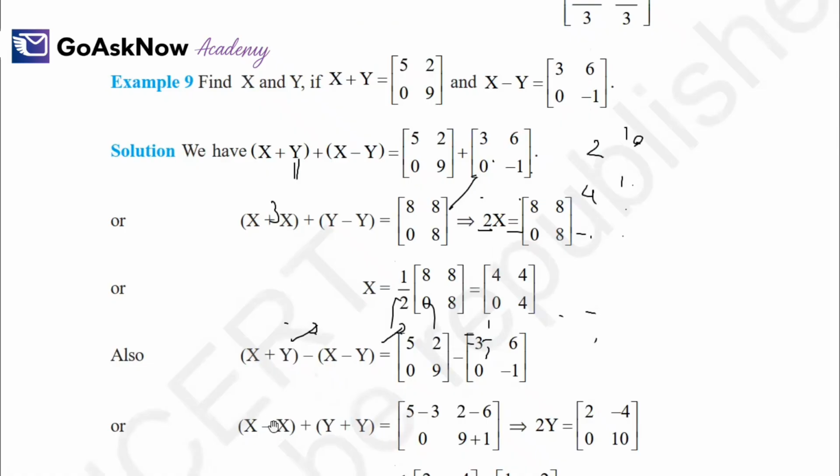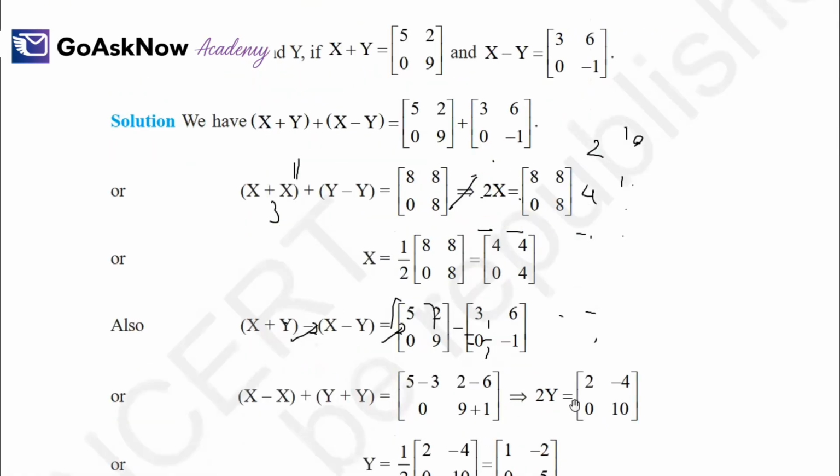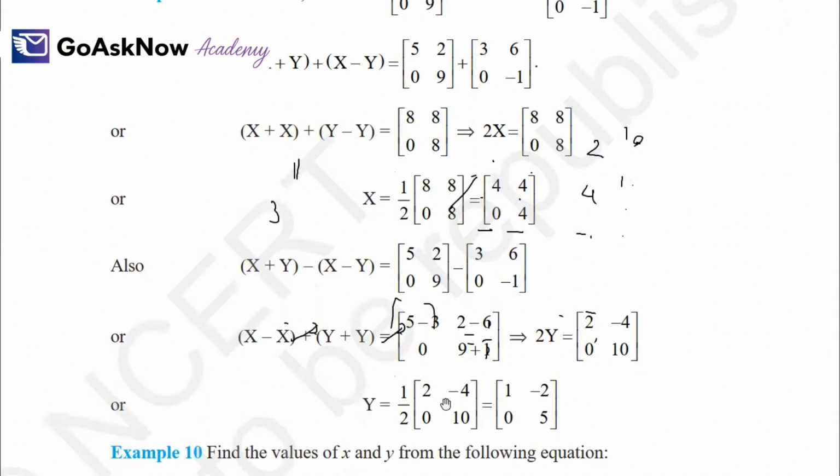Here x terms will cancel out and y terms will be added. We will get 2y is equal to 2 0 minus 4 and 10. After dividing y by 2, you will get 1 minus 2 0 5 as the y matrix. So this is how you got both the matrices x and y. Okay.